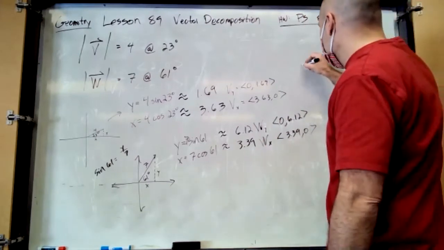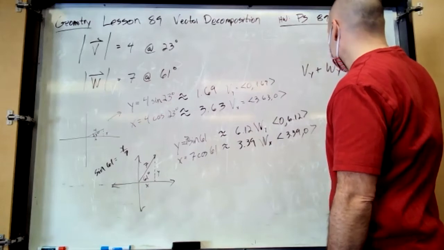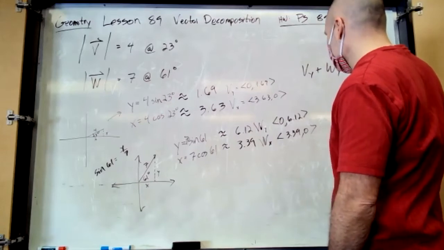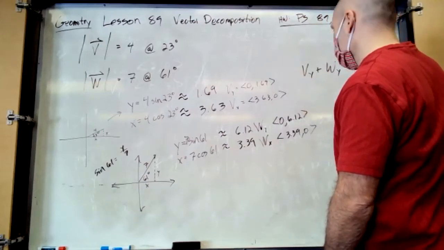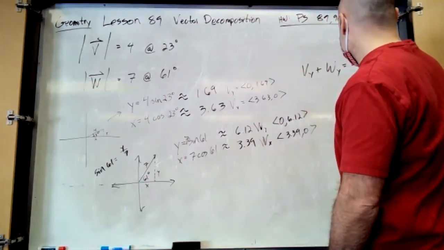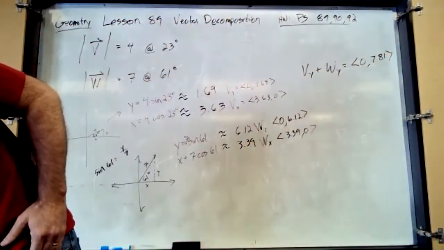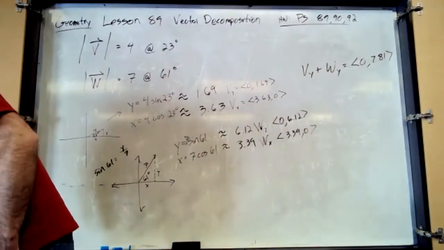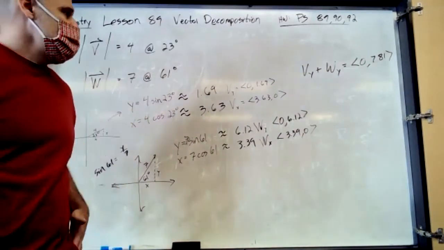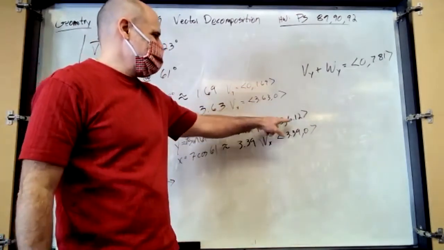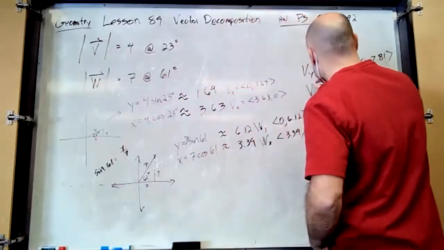Now I go Vy plus Wy, add those together, 7.81. Now I'm just adding 1.69 and 6.12.